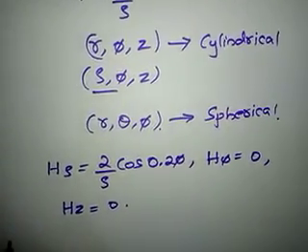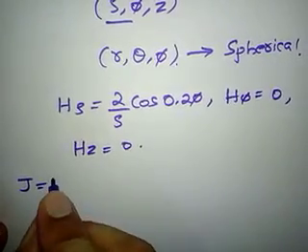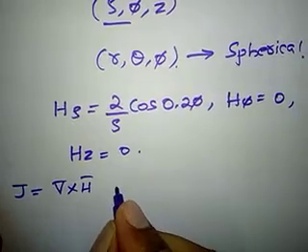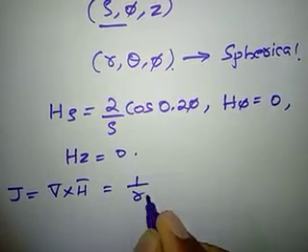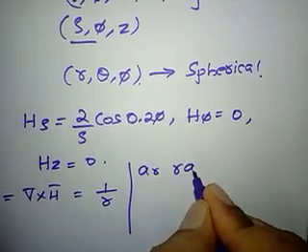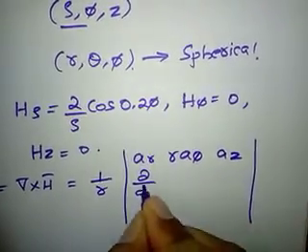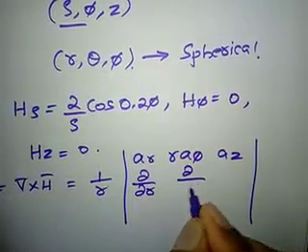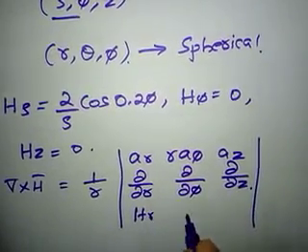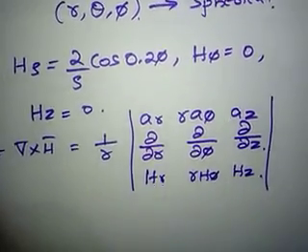We know the formula for current density, that is the point form of Ampere circuital law, J is equal to del cross H. So this is nothing but 1 upon R into the determinant with rows a R, R a phi, a Z, then dou by dou R, dou by dou phi, dou by dou Z, then H R, R H phi, and H Z. Let us expand this.